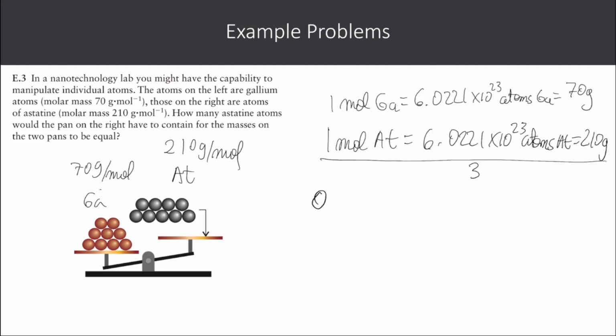So this gives us 0.333 moles of astatine, and the number of atoms is 2.8656 times 10 to the 17th atoms of astatine, and this is 70 grams.